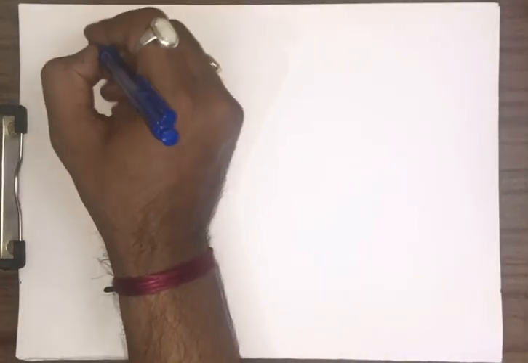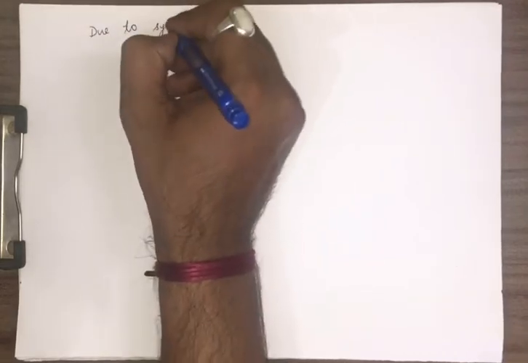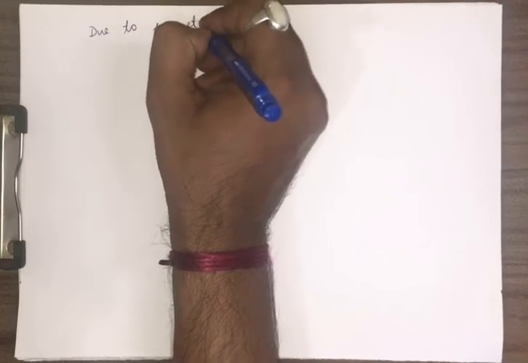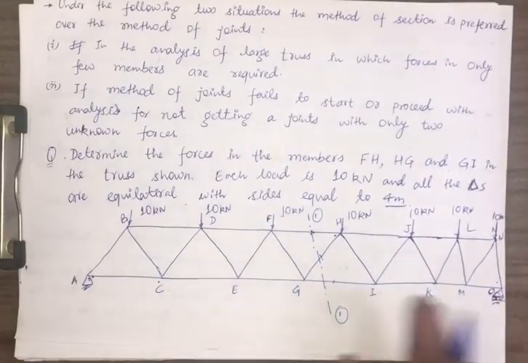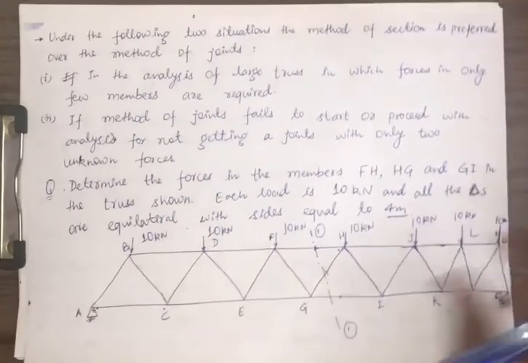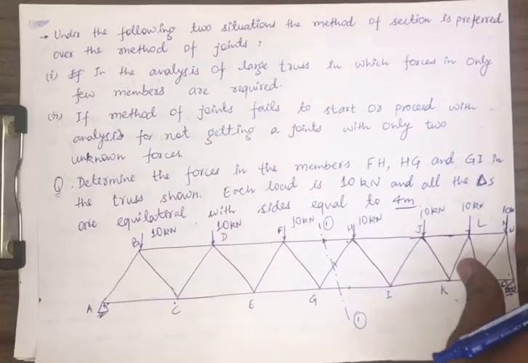So due to symmetry, actually there is no horizontal force, only vertical forces are there, and due to symmetry they will be equal. So total load is 10, 20, 30, 40, 50, 60, 70.